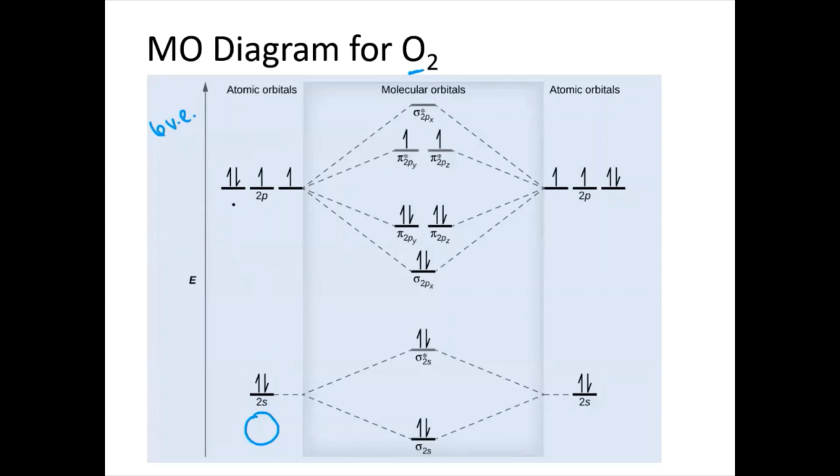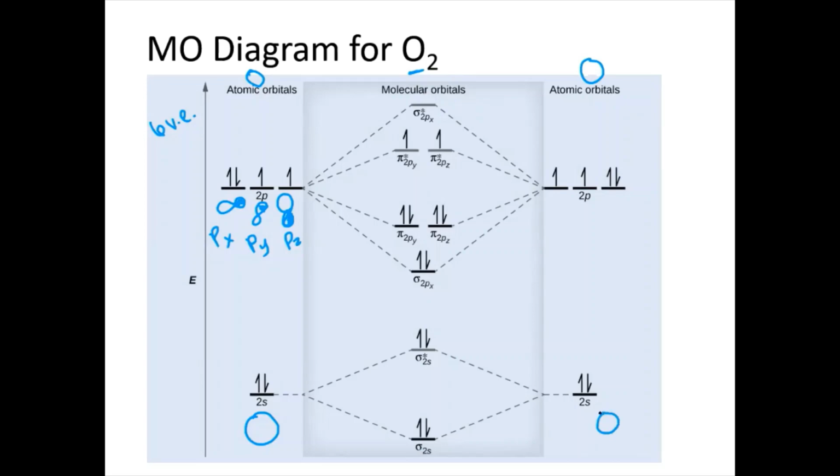So we've got the p, that's the px, the py, which is coming in and out of the board, and the pz, which is up and down. Okay, and we're going to combine that with the other oxygen atomic orbital, so that we can form our molecule, which is O2.